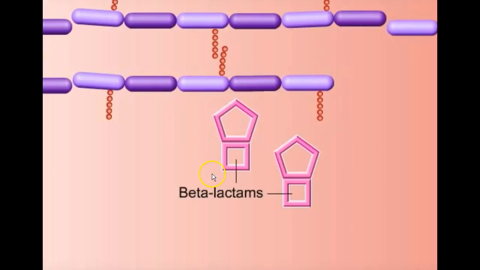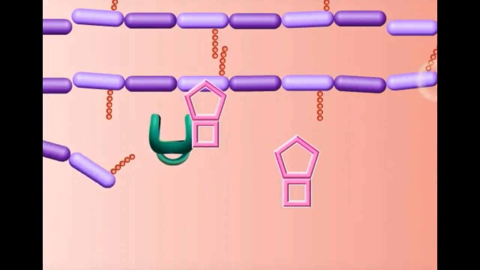And basically what happens is when the penicillin or any of the beta-lactam antibiotics are introduced to the actual cell, they're able to bind to a particular enzyme.